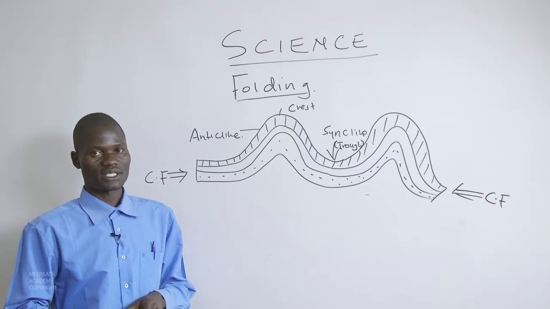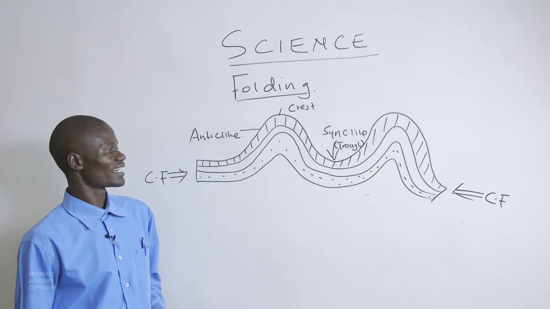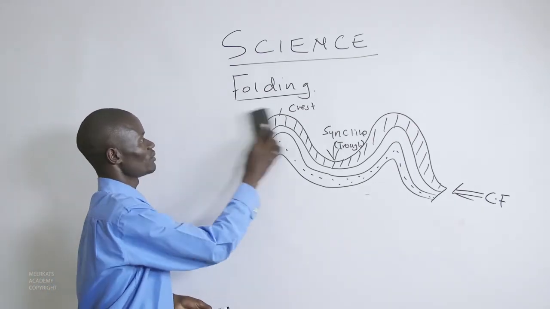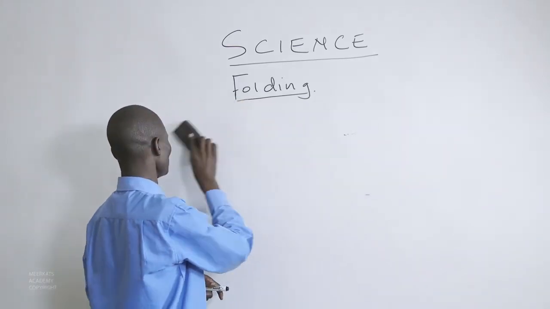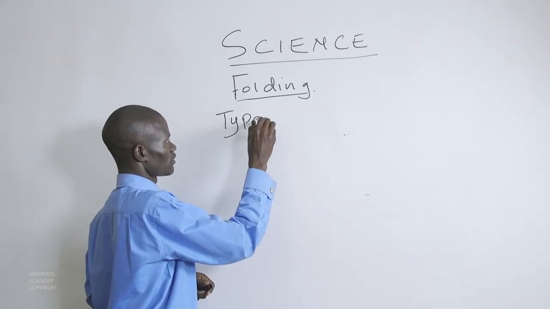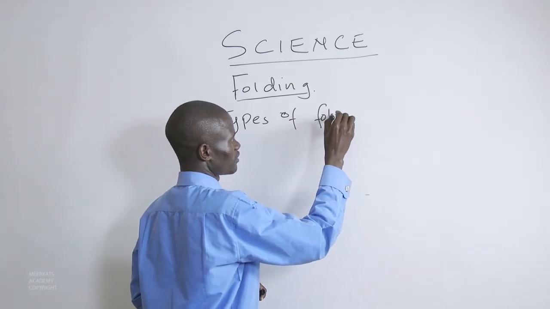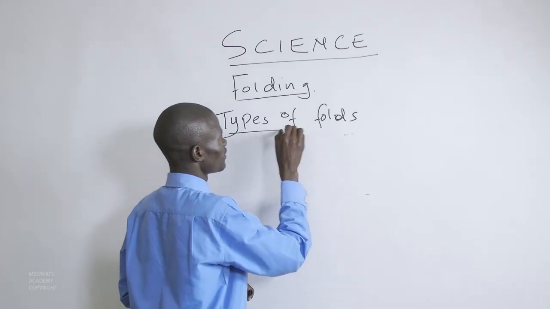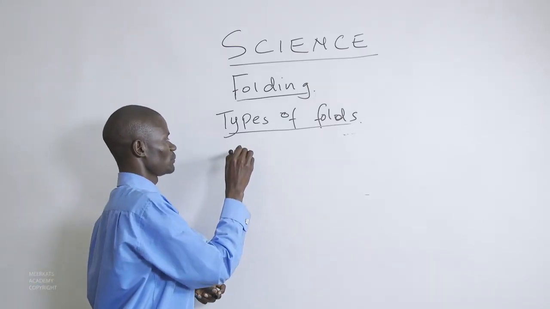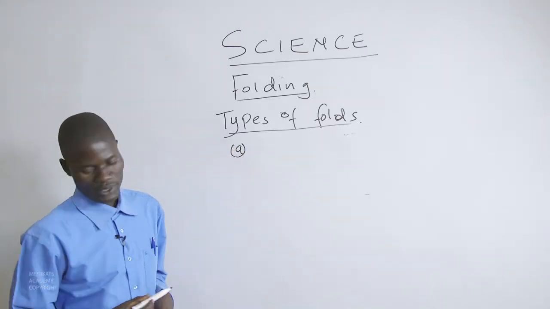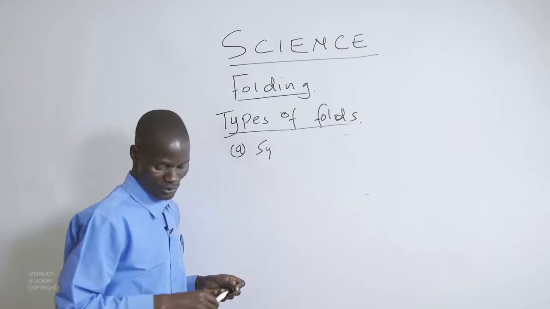It is also referred to as the trough, and this one brings us to various types of folds that are formed. We will just mention them, and then we'll look at them one after the other. There are various types of folds that are produced. We will name them. One, we have the simple folds.